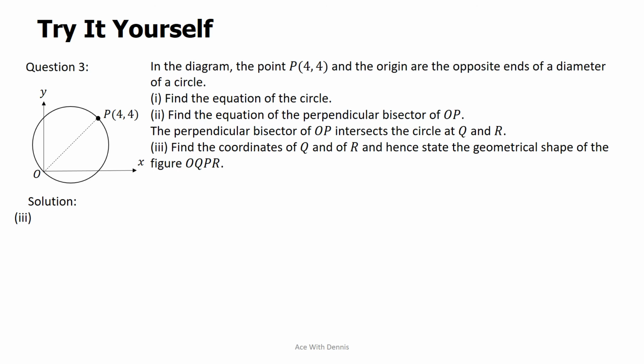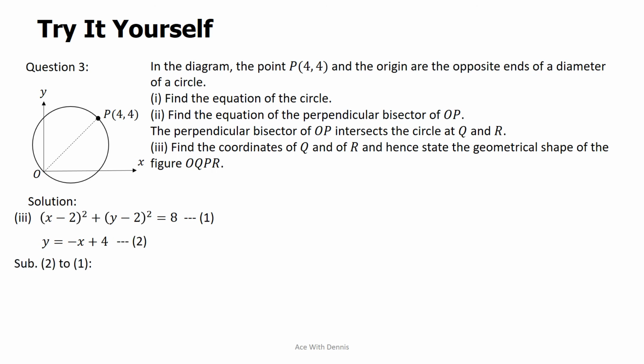Here is the solution for number 3. So we know that the equation of the circle is (x minus 2) squared plus (y minus 2) squared equals 8, and the perpendicular bisector is y equals -x plus 4. We can solve the simultaneous equations of these two. This is equation number 1 and this is equation number 2.